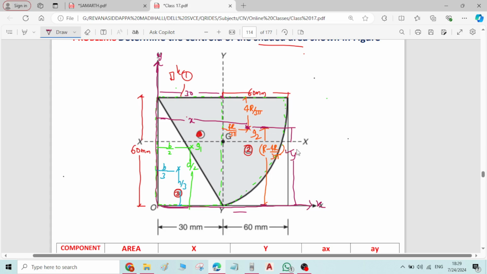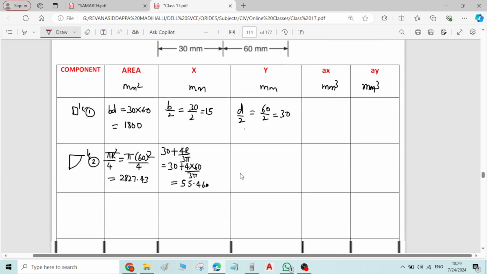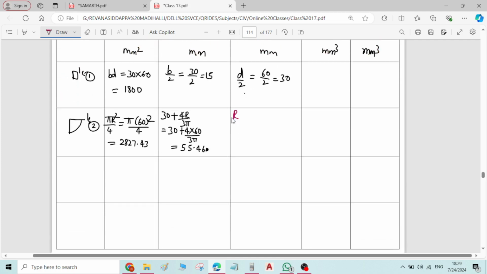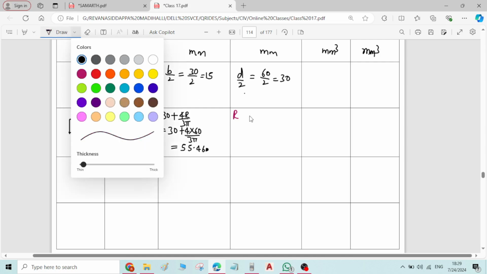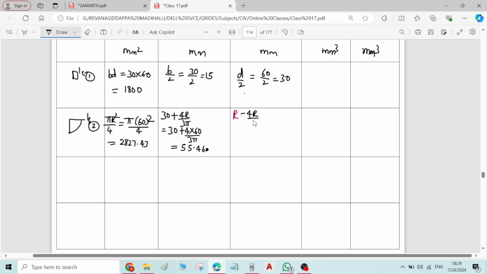So the same formula I have written here. Therefore r minus 4r by 3 pi, which is equal to 60 minus 4 into 60 divided by 3 pi.